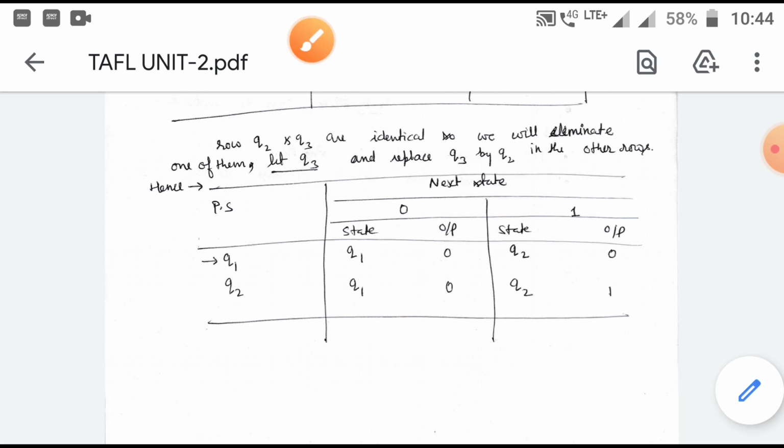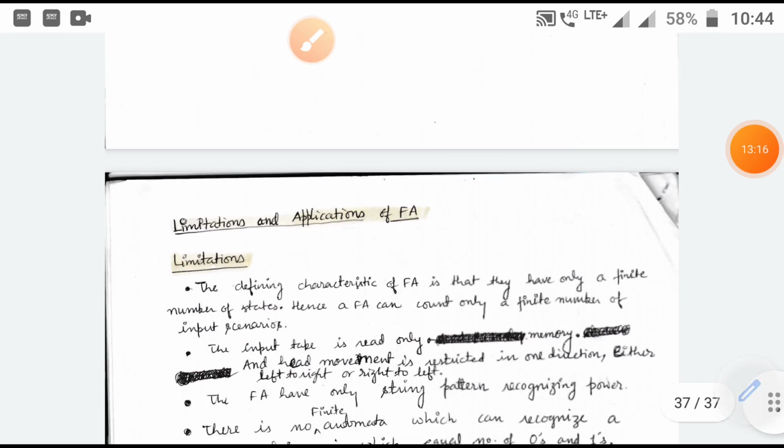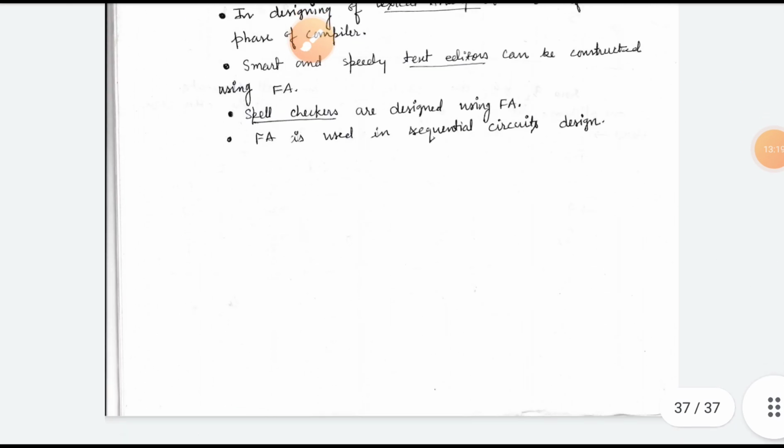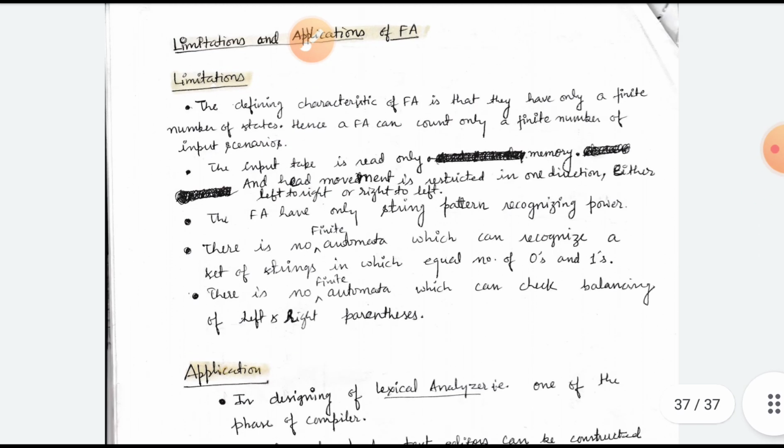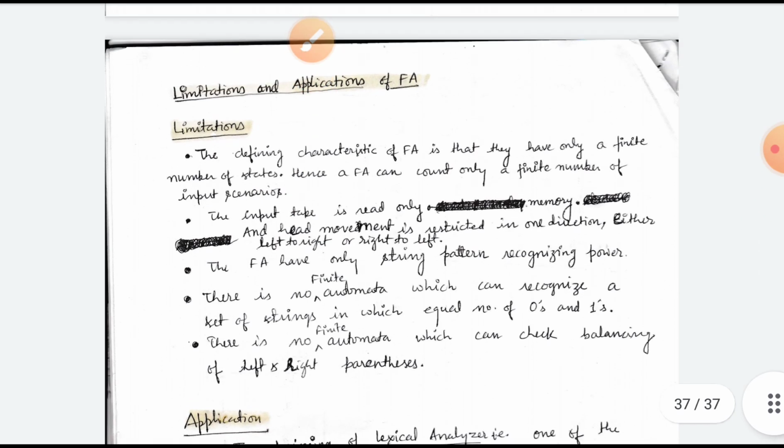Now the next important thing is some theory part: the limitation and application of finite automata. The limitation is that a finite automata machine can only recognize, it cannot give any output.